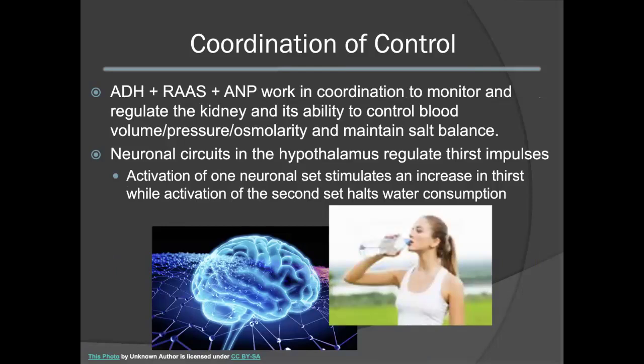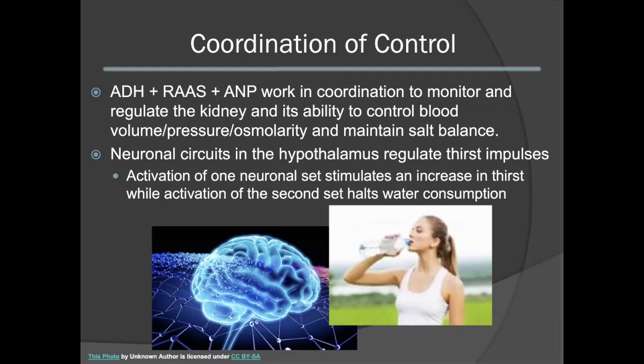The ADH, RAS, and ANP pathways work in coordination with each other to monitor and regulate kidney function in its ability to control blood volume, blood pressure, osmolarity values, and in maintaining a proper salt balance. In addition, the hypothalamus has neuronal circuits that will help in a behavioral response to control these aspects of the body as well.